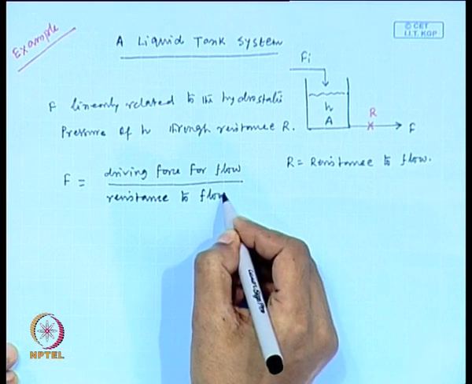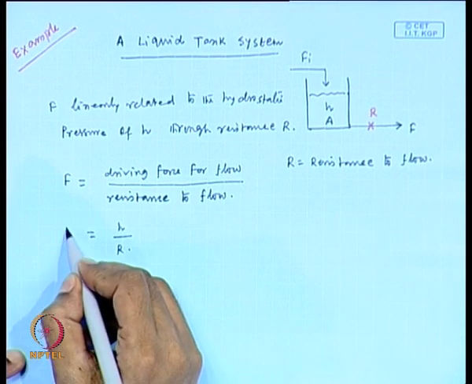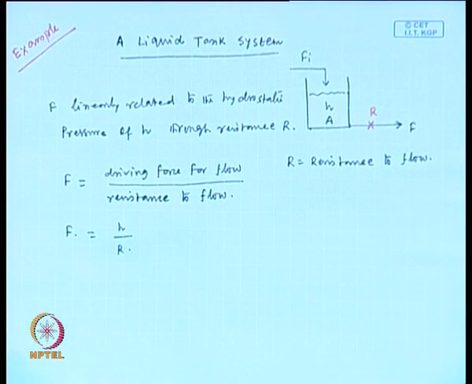It is quite common in heat transfer also, like Q equals to delta T divided by R. We have studied in our heat transfer course, rate of heat transfer equals to driving force, that is temperature difference, divided by the resistance. Similarly, we are writing the same relationship, that is F equal to driving force, here H, and resistance is R. So, in the modeling equation we will consider F equal to H divided by R.